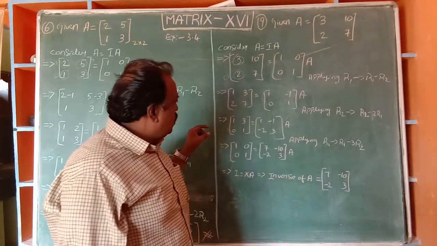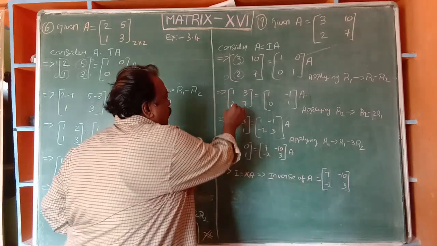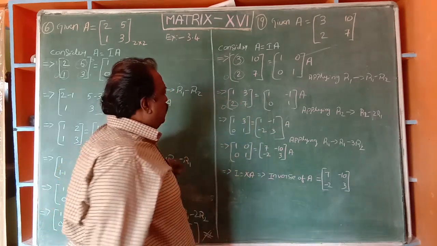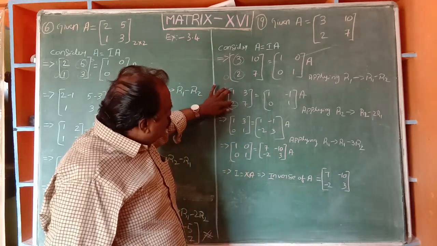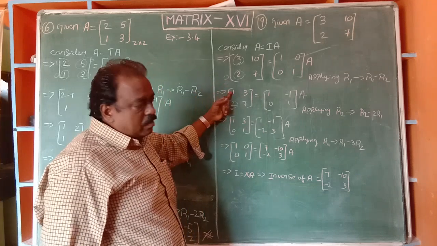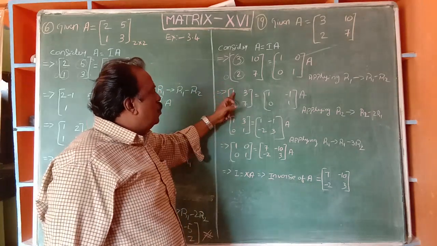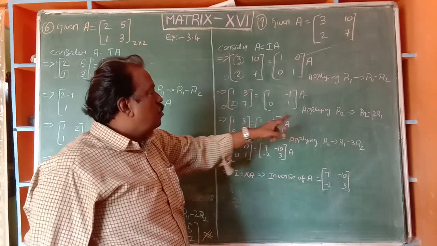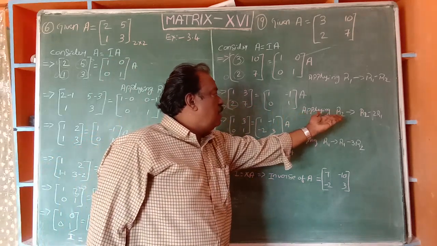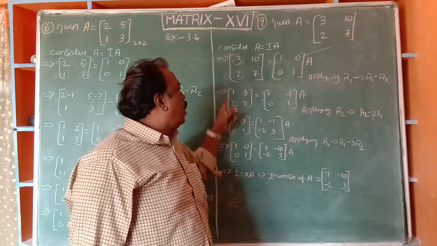Now, in order to get 0 here, you see here, 2 minus 2 into 1. That is 0. So, applying to the second row: row 2 minus 2 into R1.